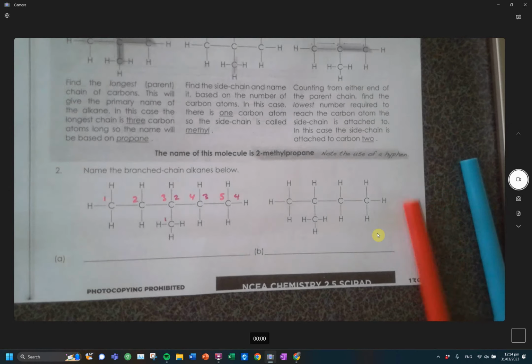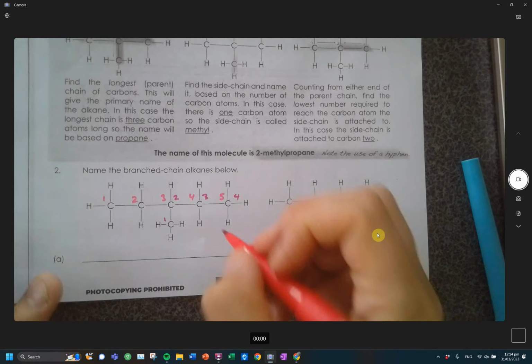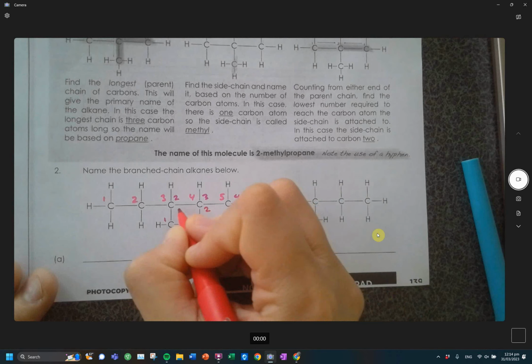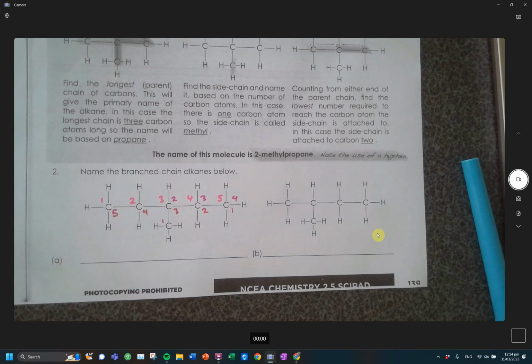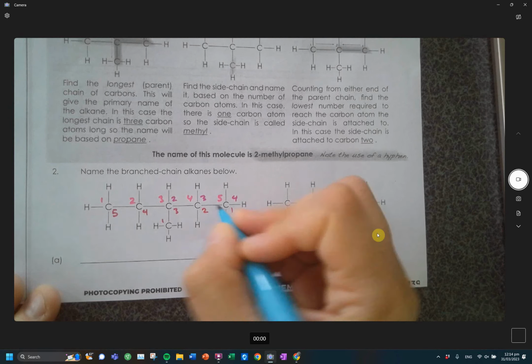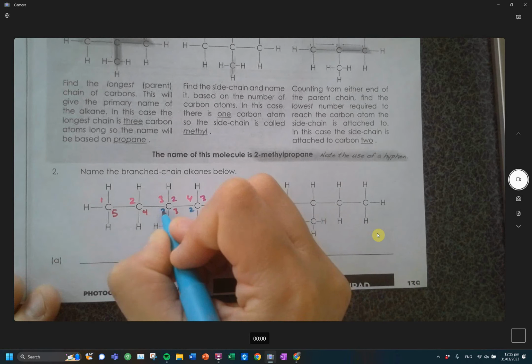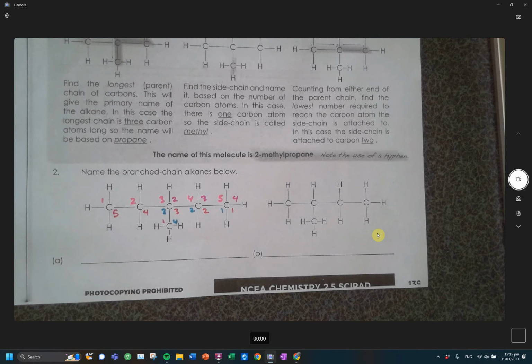I can also number things in the other direction. That's fine as well. So 1, 2, 3, 4, 5. Same thing, I can start with this carbon here and go, okay, that's 1, 2, 3, 4. There's lots of different ways I can number it.